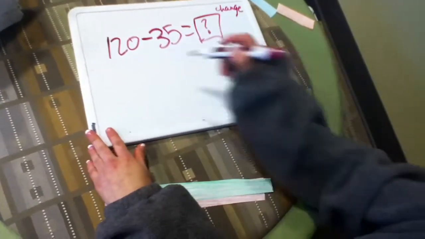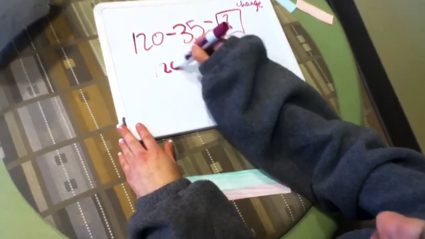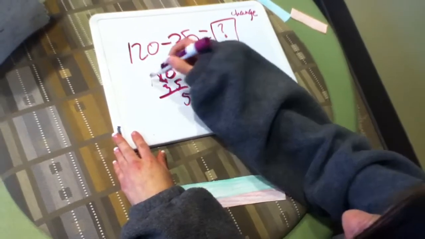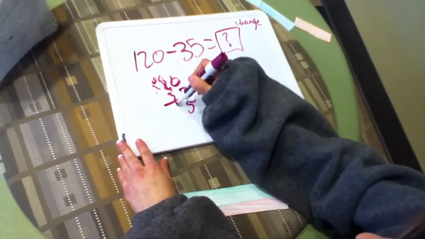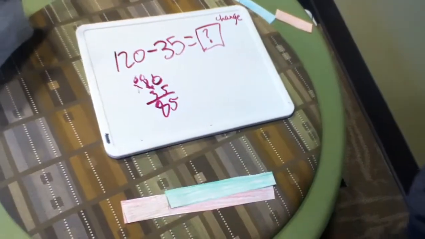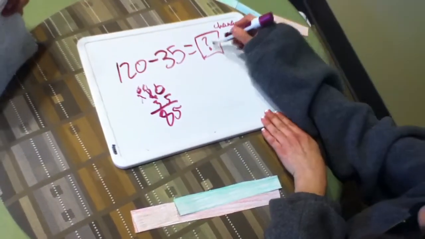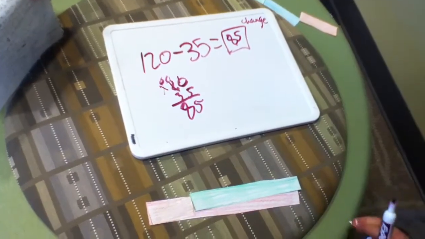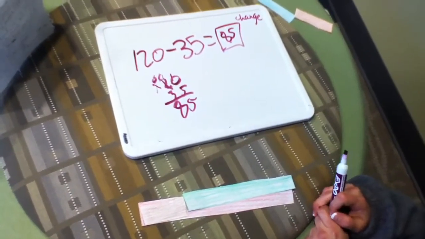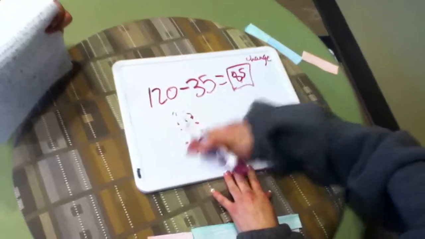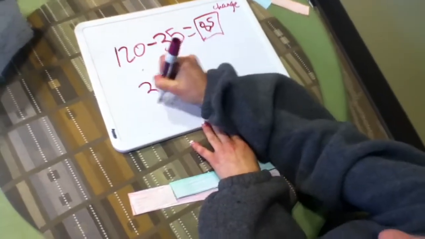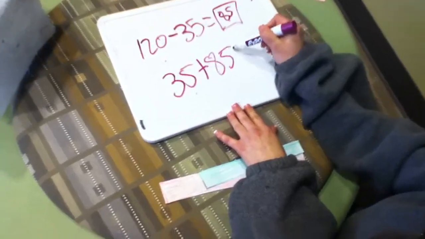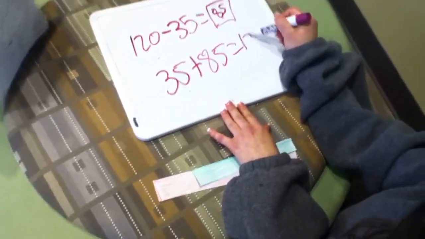That would equal 120 minus 35 would equal 85. So the change is now 85 cards that Cody gave her. You could also represent it like this. 35 plus 85 equals 120.